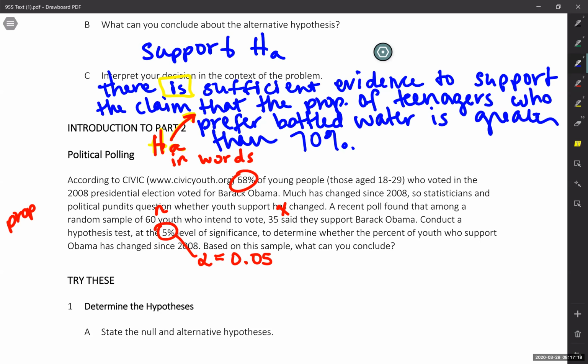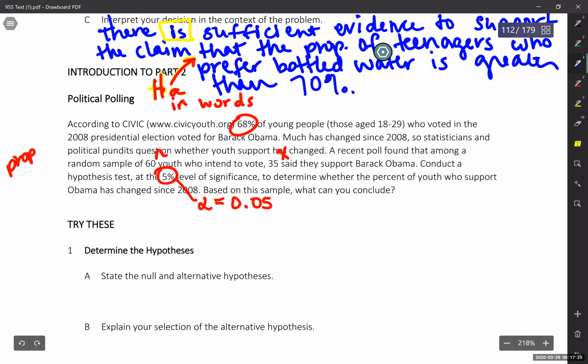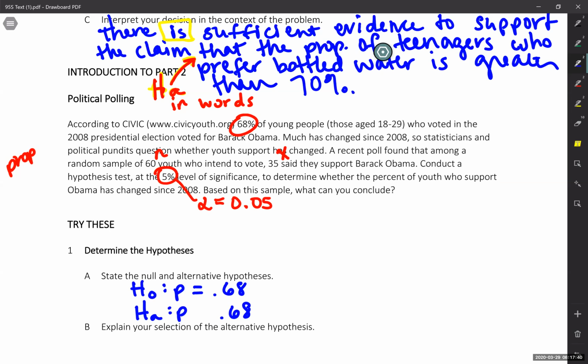Okay, so here we want to determine the null and alternative. We said this is a proportion problem. We have our claim of 68%. So the null equals that 68%. And then we need to know what's going on with our question.